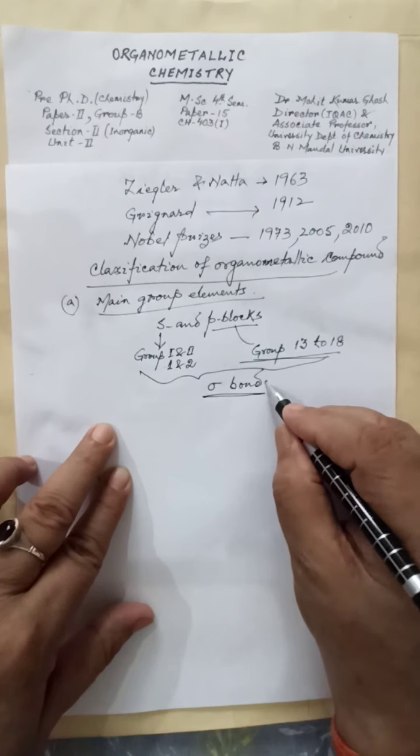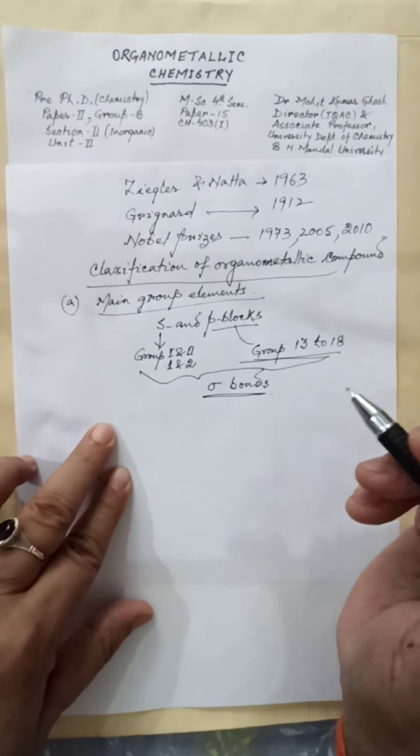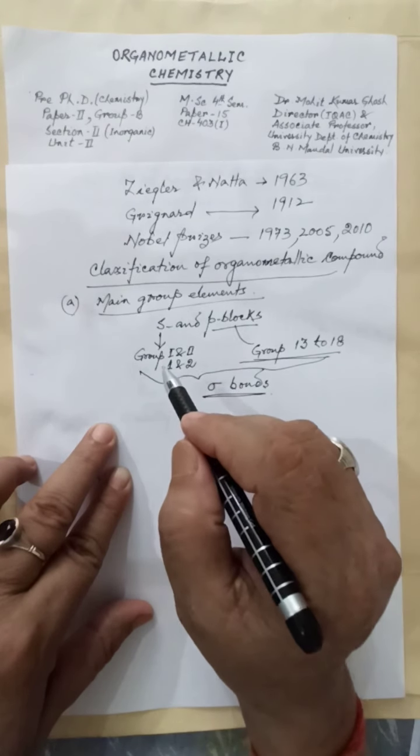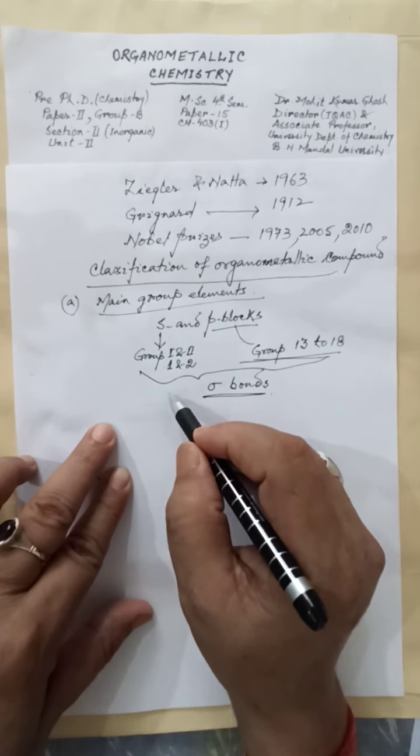But the S block has exceptions. They largely form ionic compounds.